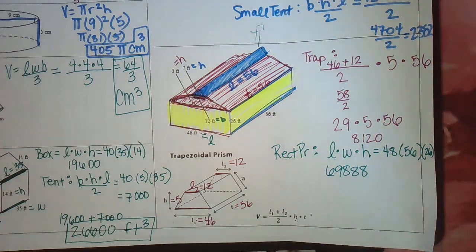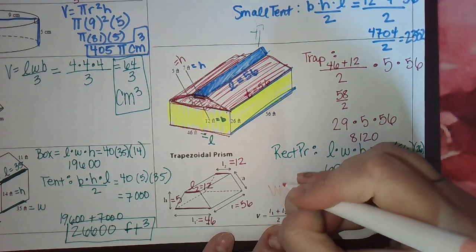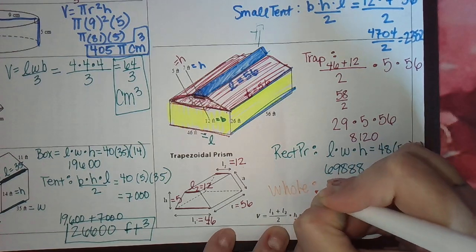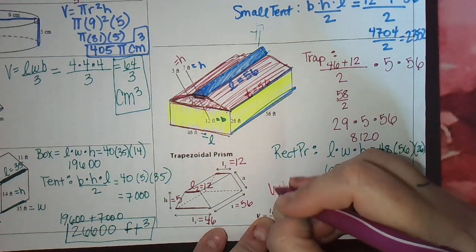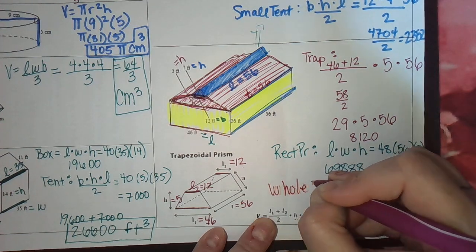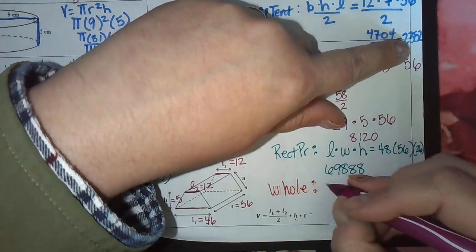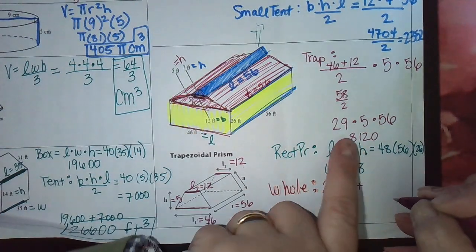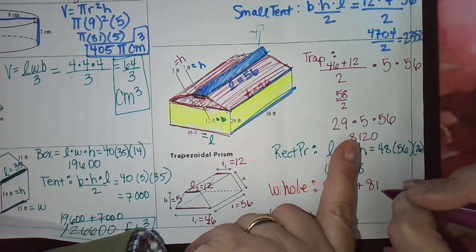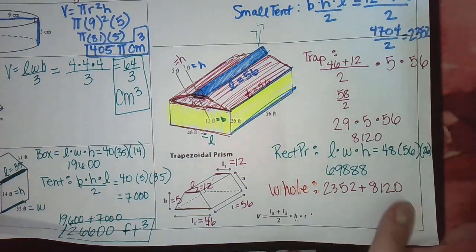Okay, now to figure out the whole thing, we're going to add those 3 numbers. From the tent, we got 2352. From the trapezoid, we got 8120.